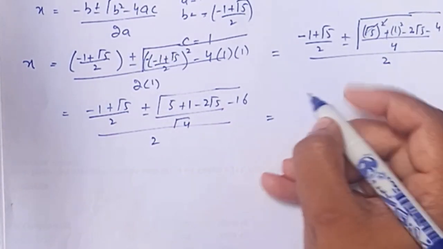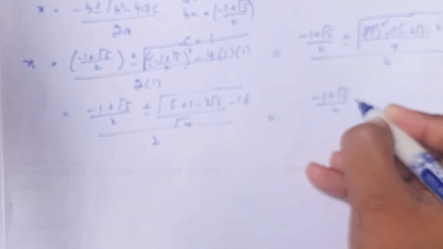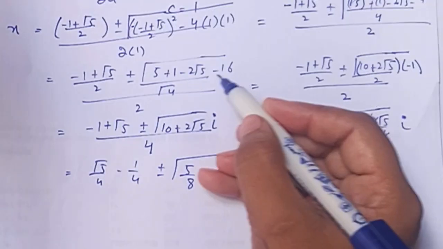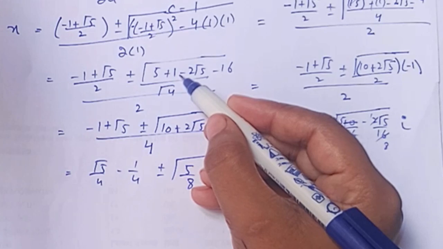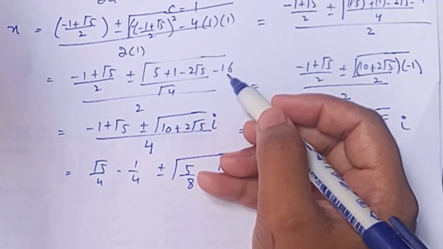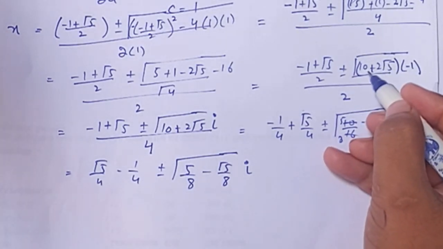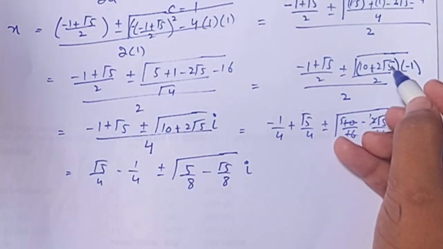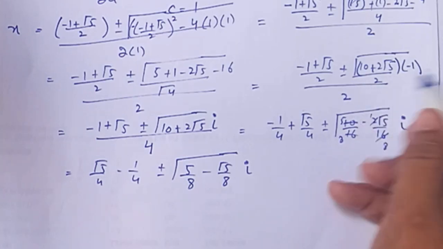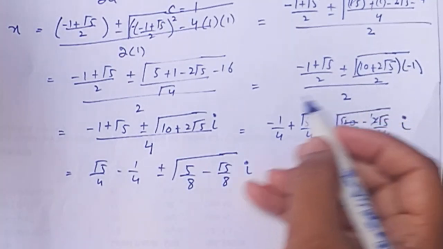So this is equal to minus 1 plus square root 5 over 2 plus minus. So 5 plus 1 is 6 and 6 minus 16 is minus 10. So we separate a minus 1 and this remaining value becomes 10 plus 2 times square root 5 over 2. So in the next step we take LCM.